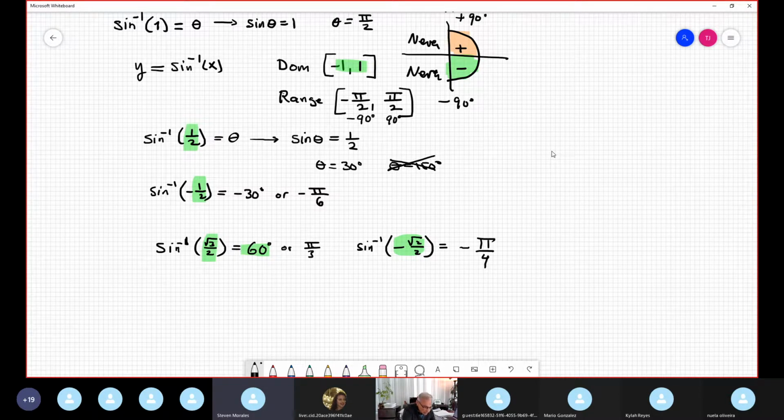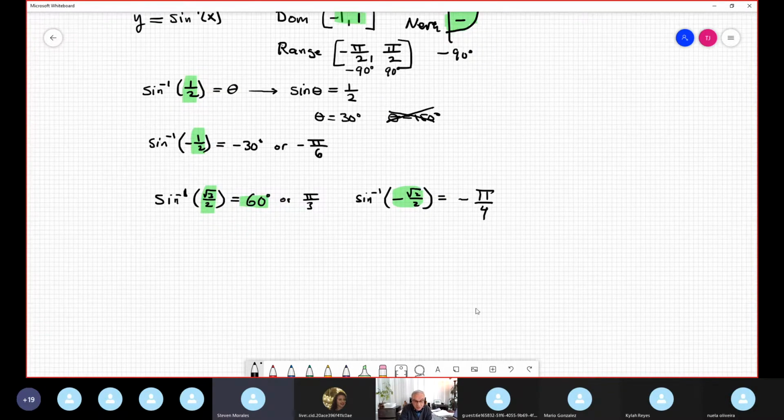Good. And this is always the same in any trigonometric function. For example, cosine. Let's come back to the cosine. Unfortunately, I need to go again to Desmos to show you cosine. Okay.